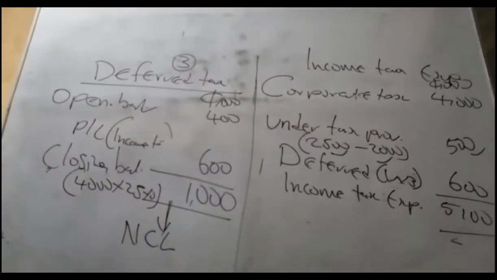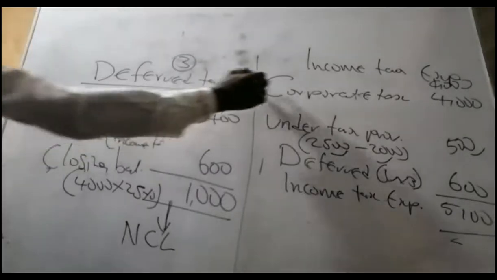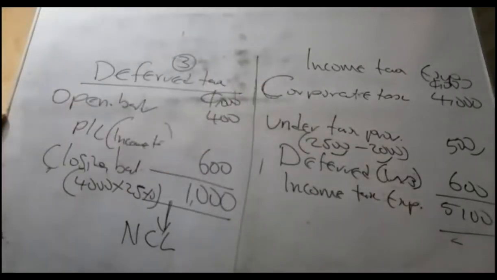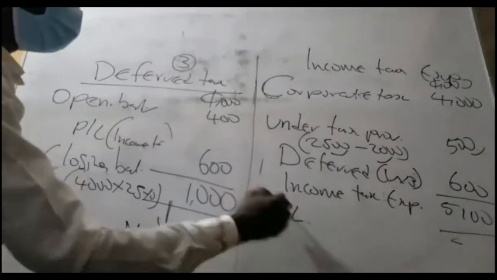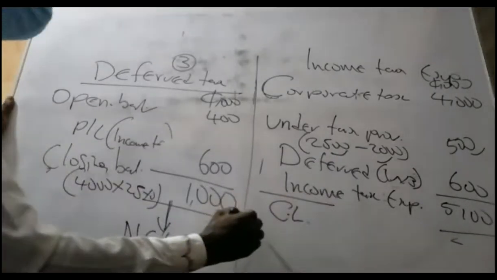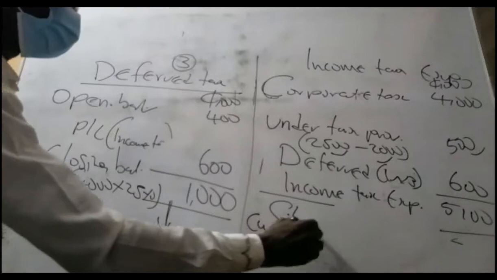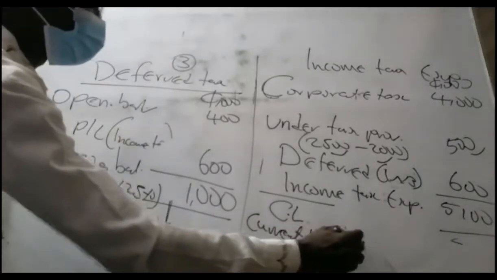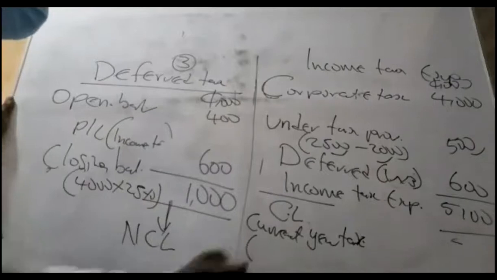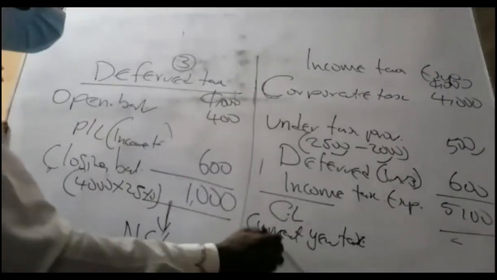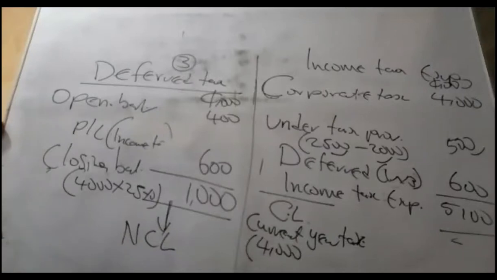You are done. Good. Then the corporate tax provision, we said that if it is a provision given to you in a footnote, it must be treated how many times? 2 times. And it must go to the current liability. So if you go to the current liability on the balance sheet, just relax and write tax, current year tax provision. But the figure is supposed to be what? Supposed to be 4,000, but they paid some taxes within the year.